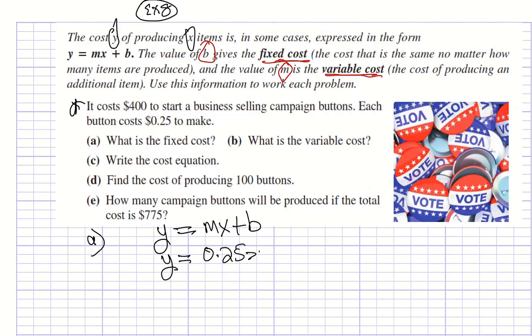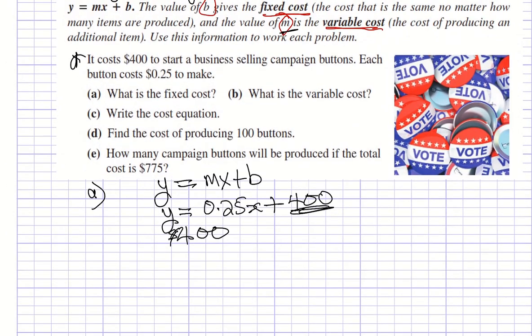You don't even have to write the equation to answer that question. 400 is the fixed cost, because B is constant. M is the variable cost, that's the slope. B is the fixed cost because it crosses the y-axis, the y-intercept.